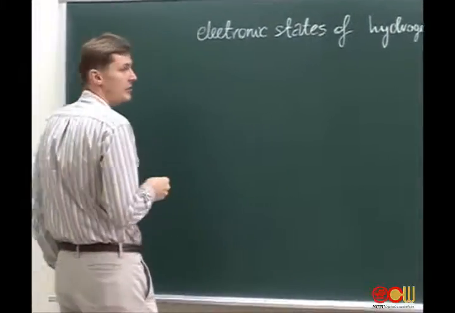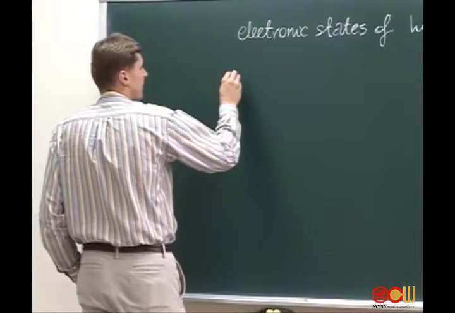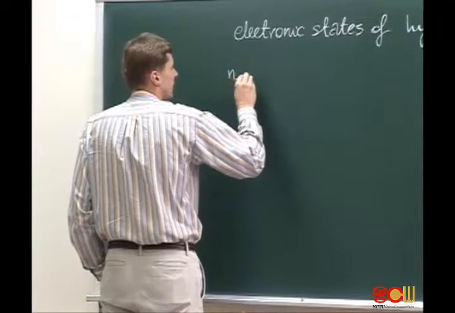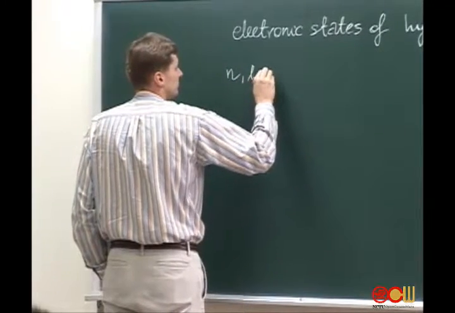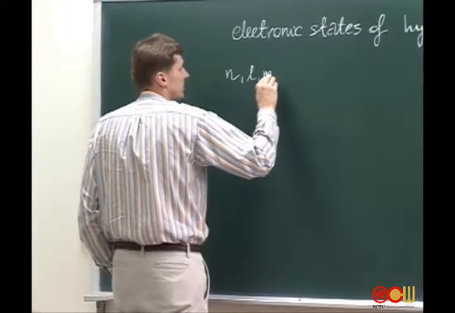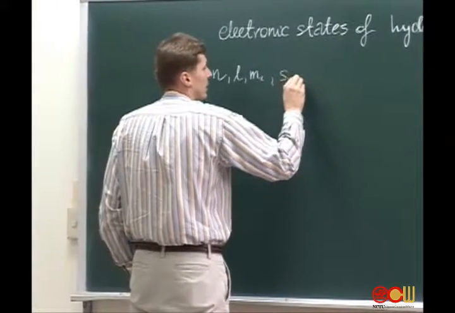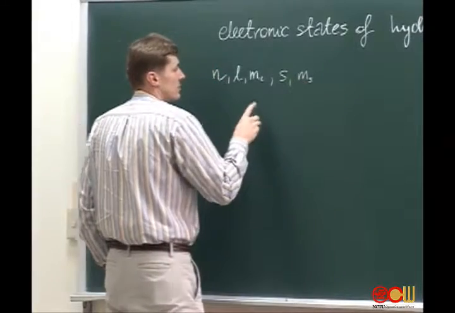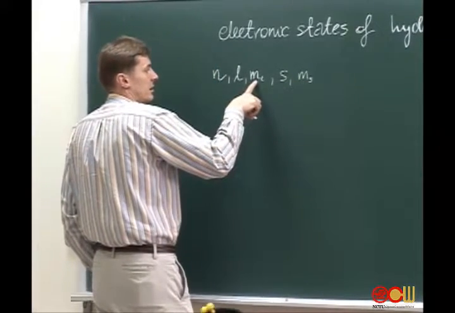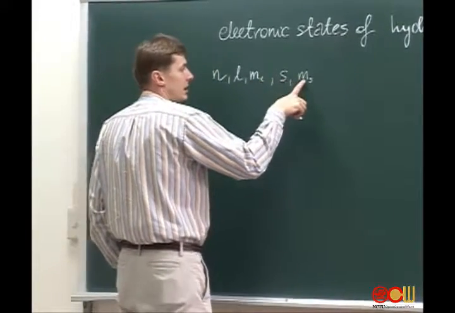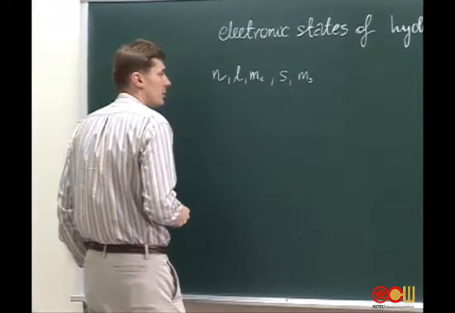And we know that every electronic state is characterized by quantum numbers n, l, m, sometimes people add here ml, s, and ms. So this is the magnetic, angular, magnetic, spin quantum number.